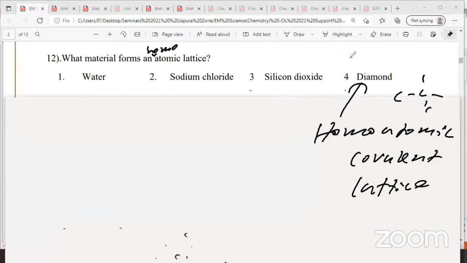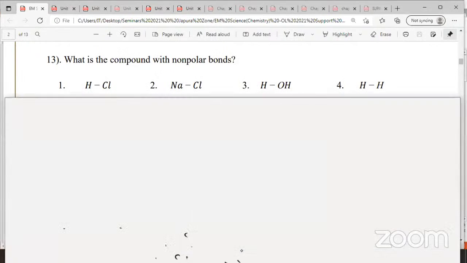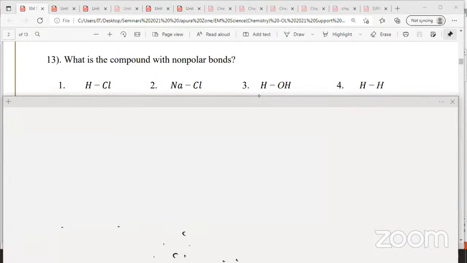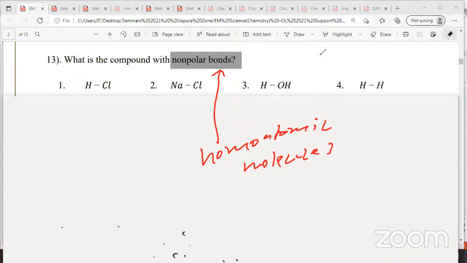Question number 13. I'll erase the screen. 13th MCQ. This is a very good question. Non-polar bond. Please highlight the words non-polar bonds. Non-polar bonds are formed between similar atoms, the same type of atoms. Homoatomic bonds are non-polar bonds. Non-polar bonds are formed in any homoatomic molecule, that means between similar atoms.